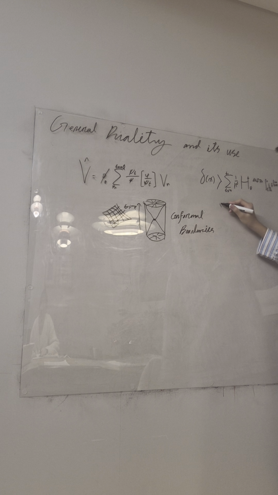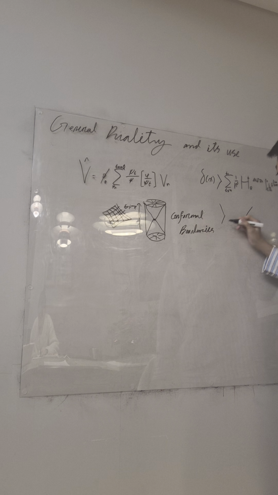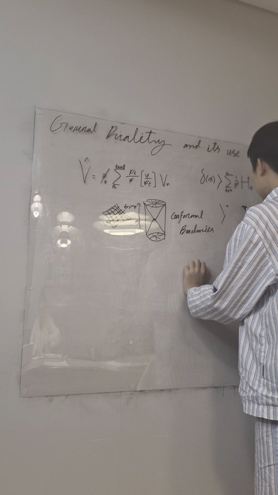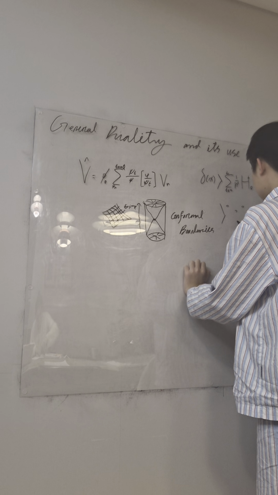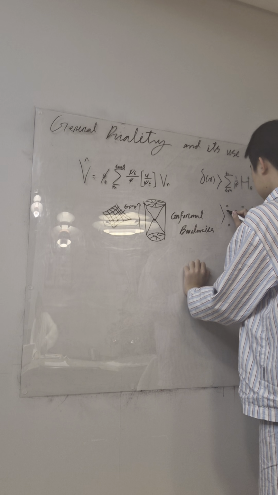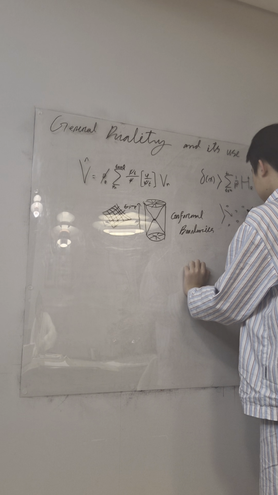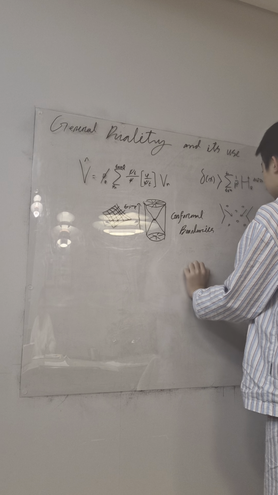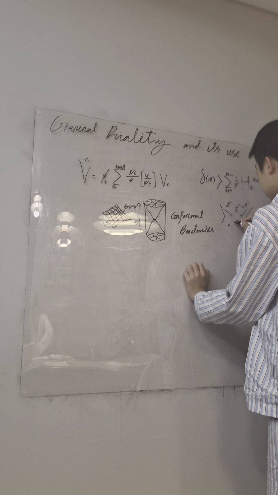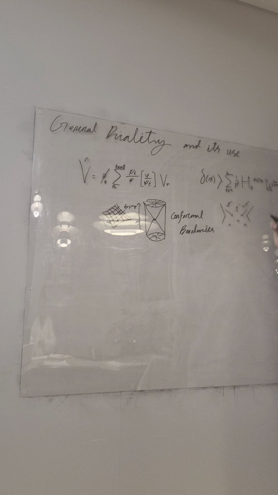So I will draw. It looks like this. It's a diagram actually, and so this is a diagram of an electron.